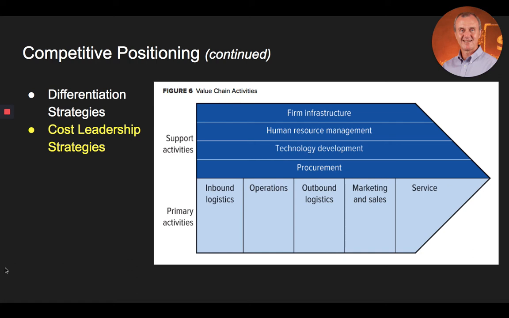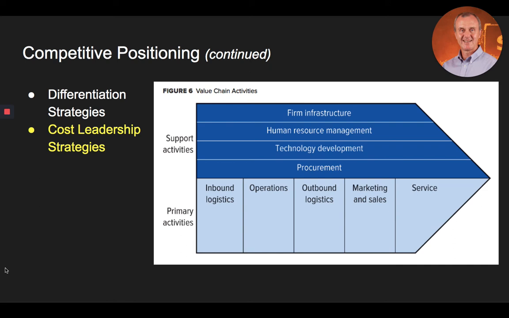So, in summary on competitive positioning, while the 5 forces affect the profitability of firms in general in an industry, a particular firm's profitability or value capture will depend upon its strategic position. Firms that follow a differentiation strategy deliver more value to customers and are able to capture value by charging premium prices.